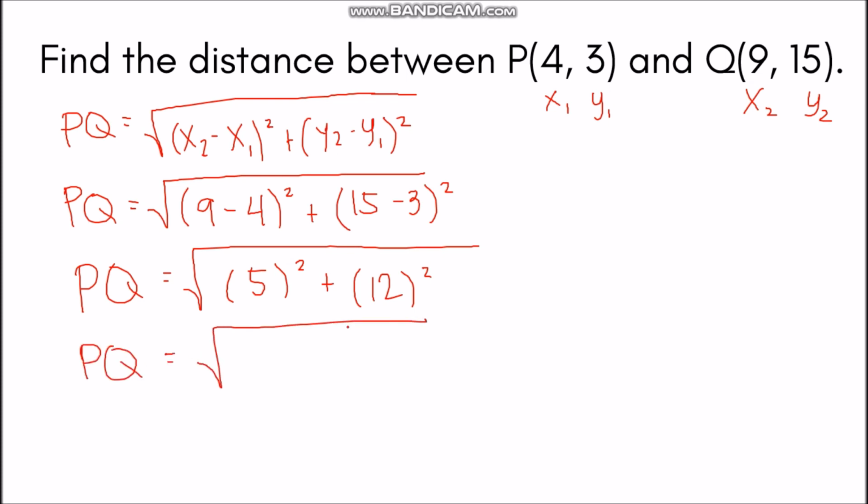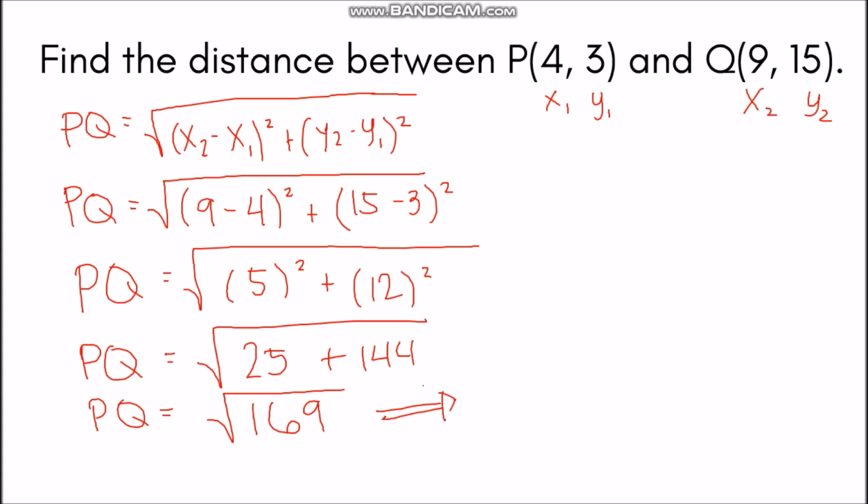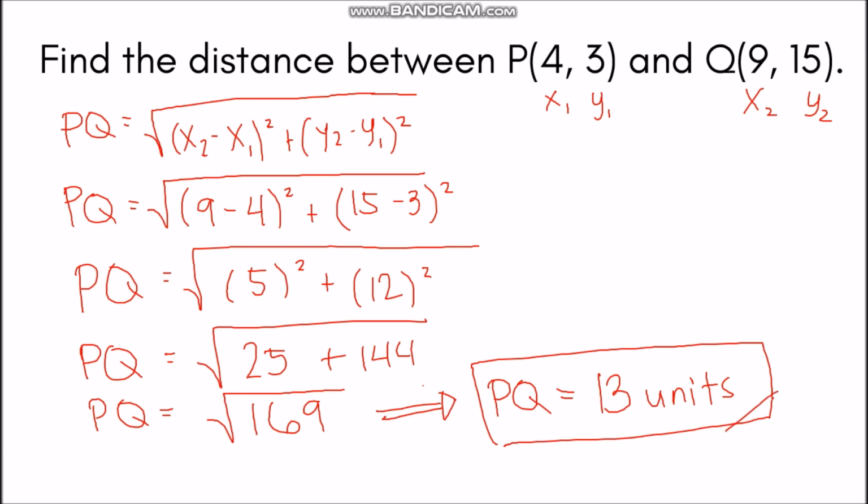Then this will become 25 plus 144, or if we simplify this one, square root of 169. Then just get the square root of 169, and we will have PQ equal to 13 units. So that means the distance between point P and point Q is 13 units.